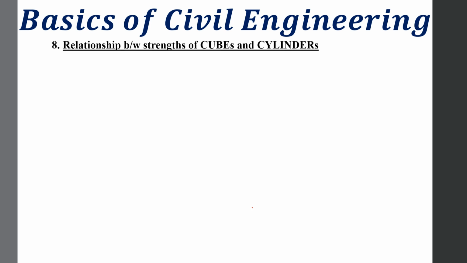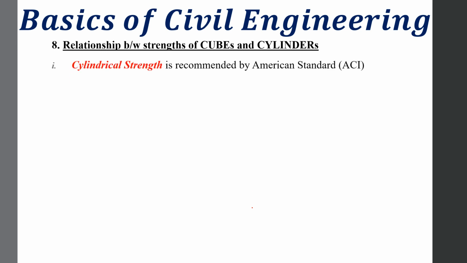So, what is the basic relation between cube and cylindrical strength? The cylindrical strength is recommended by American standards, as we studied in the last slide, that ACI always recommends determining the strength f'c of the concrete by using the cylindrical compressive strength test.